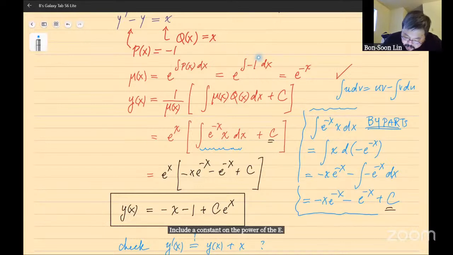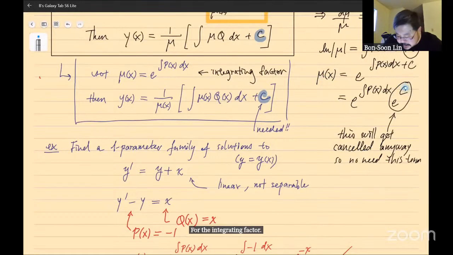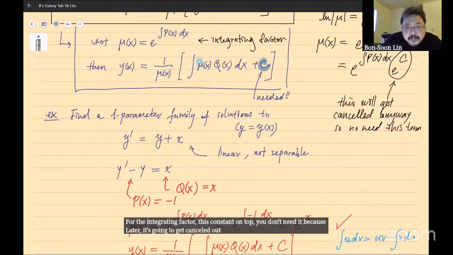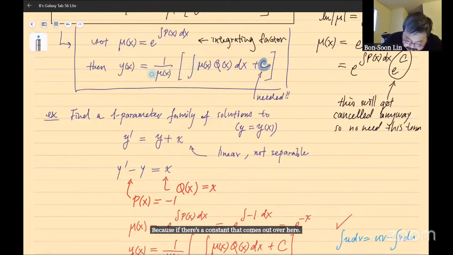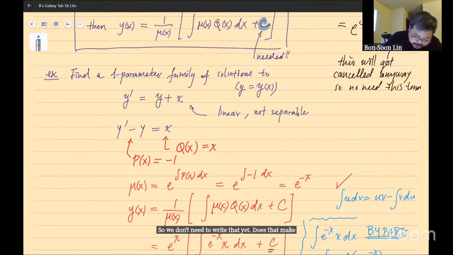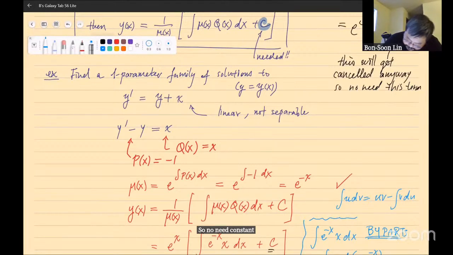Right. So again, for this integrating factor, you don't need a constant. That's what I was talking about over here. For the integrating factor, this constant on top, you don't need it because later it's going to get canceled out in the final form. Because if there's a constant that comes out over here, that constant is going to cancel top and bottom right here. So we don't need to write that in. Does that make sense? Okay. So no need for a constant for the integrating factor here.